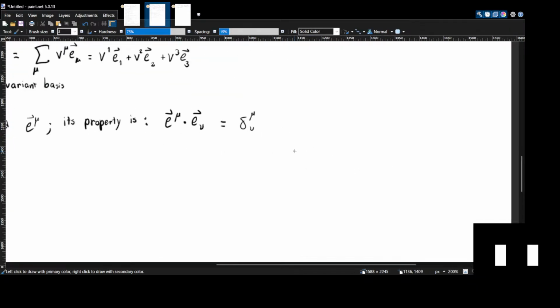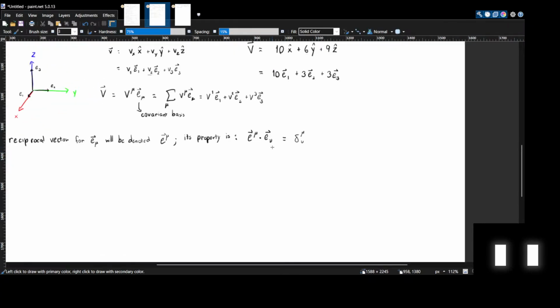What this means is the reciprocal vector must be such that if you dot the two vectors together, if they're the same vectors, you're going to get 1, in the case where mu equals nu. And if they're different, like if we want the reciprocal of E1 dotted with the basis E2, we're going to get 0, for mu unequal to nu.